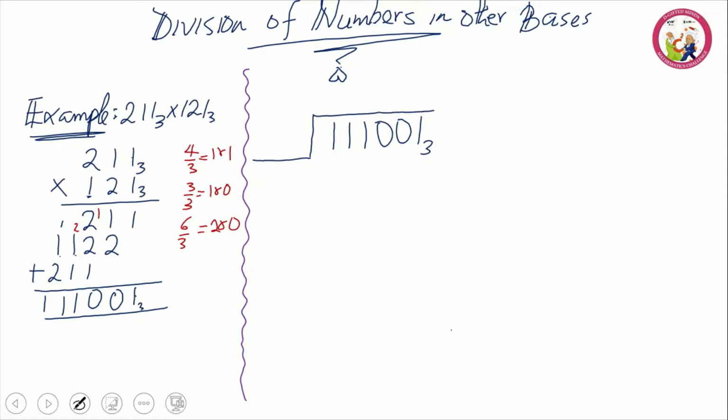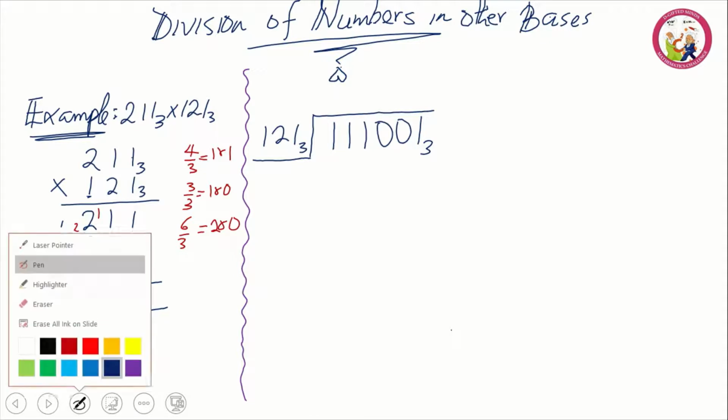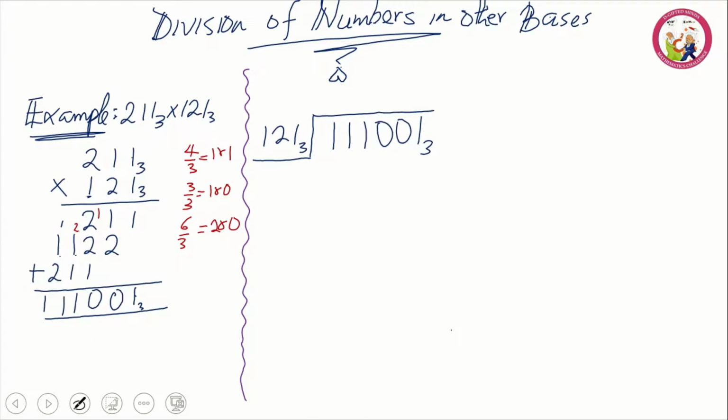Let's divide by 121 base 3. Of course, we know that when we do this division, we're expected to arrive at the answer 211 base 3. So we know our destination, we know what we're expected to get.